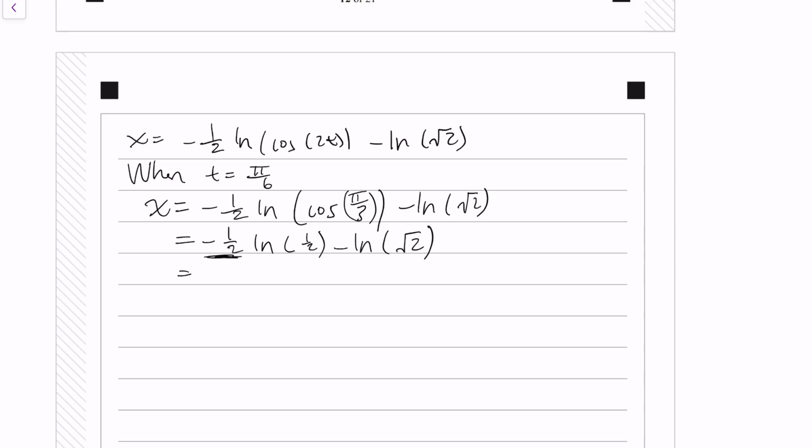I can move this negative half out the front and say this is ln of a half to the power of negative a half, minus ln square root of 2. And I know that if I have a negative in the power from my ln, then I can just swap that and it becomes a positive now, minus ln square root of 2.